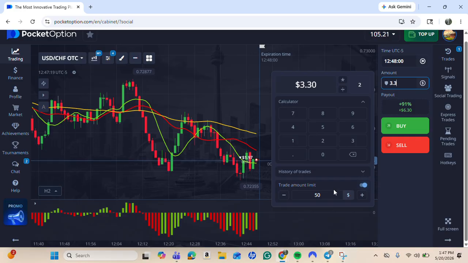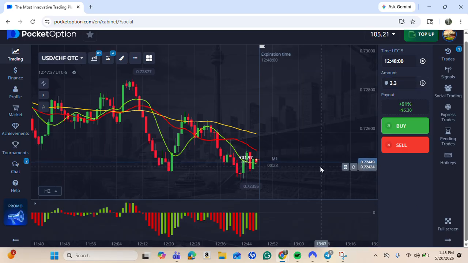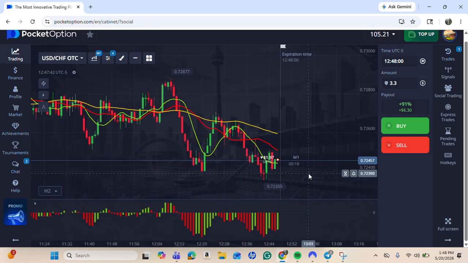Because I remember I accidentally pressed something. It's supposed to be like $3.32, and I put $33. I win that trade, and I make my profits faster. That daily goal profit that I want to make faster, but it happens. It could have gone the wrong way, and I would be pissed.